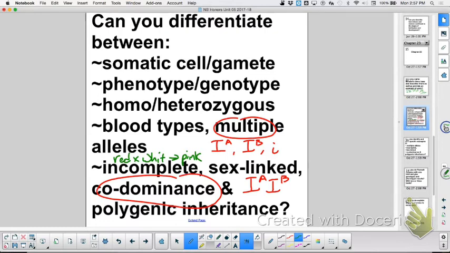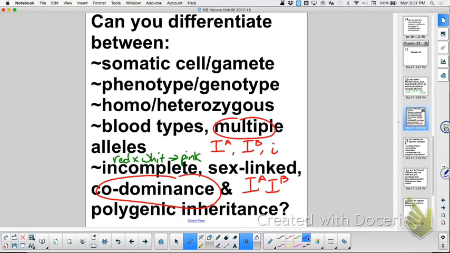Yeah. All right, polygenic. How is polygenic different than multiple alleles? It's guided by 2 or more sets of alleles. So you could have an R1, R2, a big Q, a little q, big L, little l.